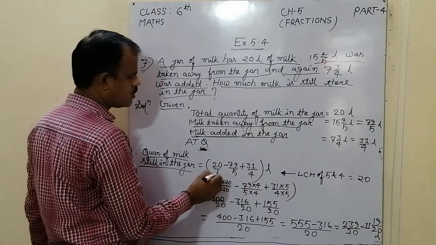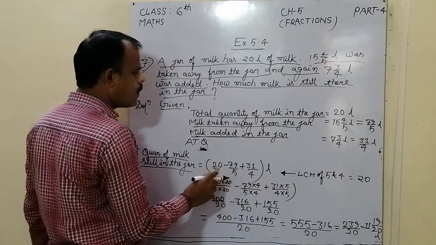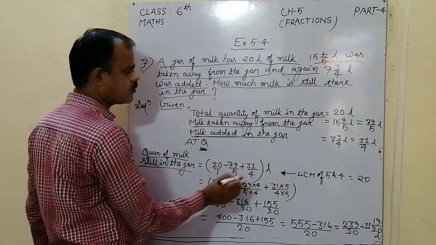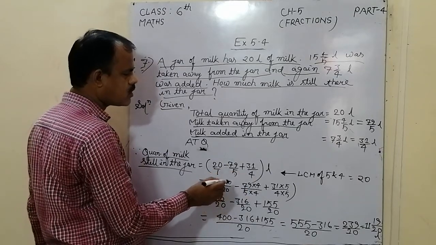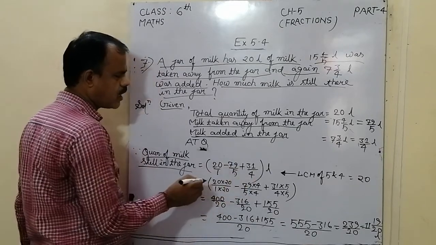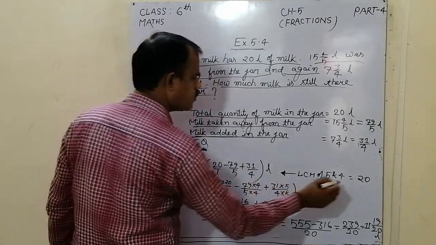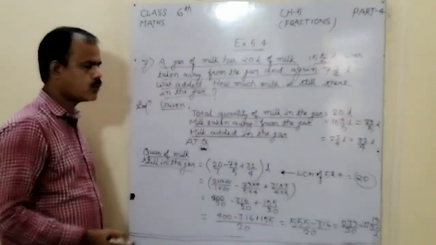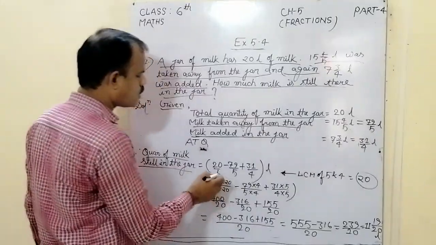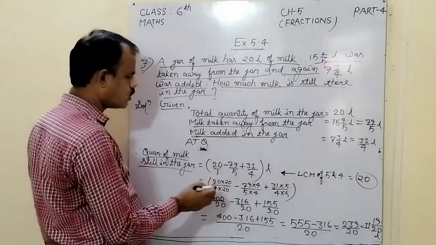Now students, see here, here denominators are 1, 5, 4, that is different denominators, so these are unlike fractions, so we have to take LCM. LCM of 1, 5, 4 is 20, so we have to convert all denominators into 20.